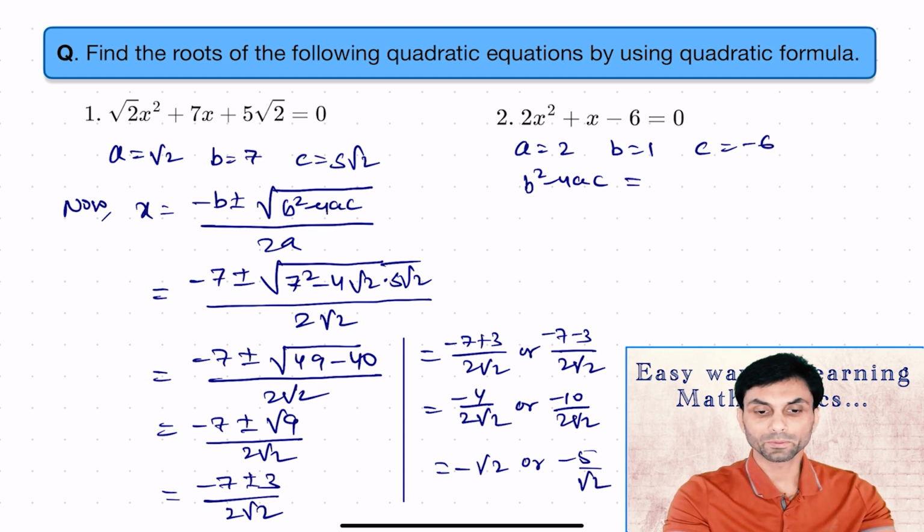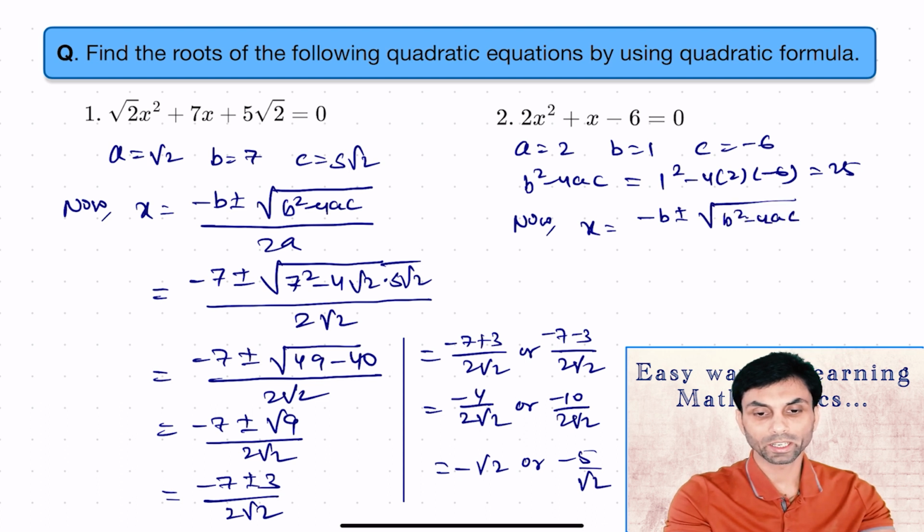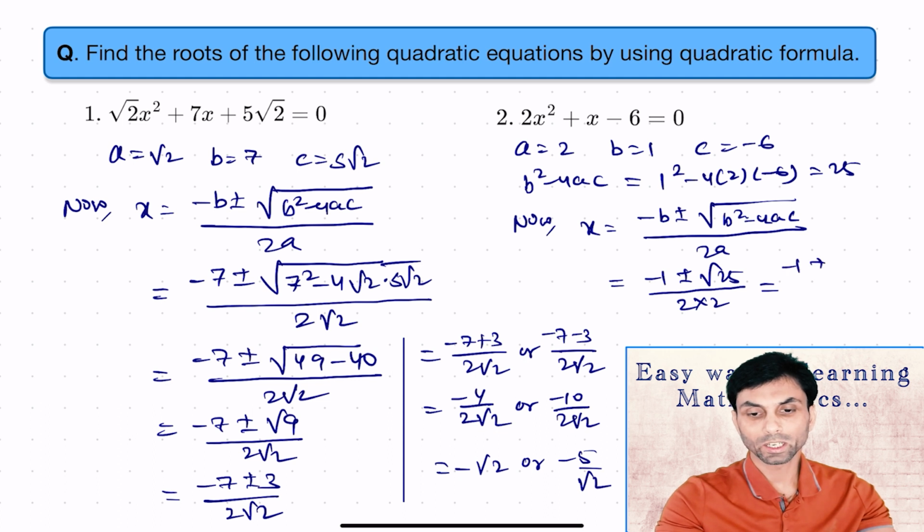So b square minus 4ac will be 1 square minus 4 into 2 into minus 6, which will be 25, and now the value of x will become minus b plus minus square root of b square minus 4ac upon 2a, which will be minus 1 plus minus root 25 upon 2 into 2, which will be minus 1 plus minus 5 upon 4.